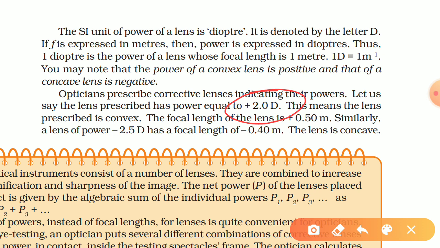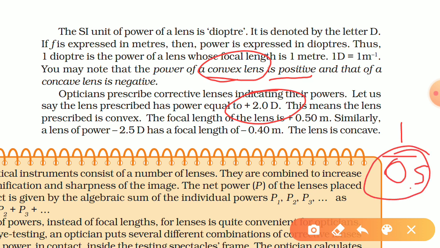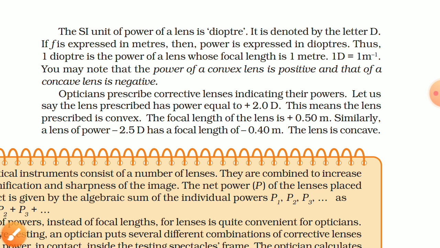So if they write plus 2.0 diopter, it means that your lens will be a convex lens because your power is positive, and its focal length will be 1 upon 2, so 0.5. That means the lens prescribed is a convex lens. The focal length of the lens is plus 0.50 meter.